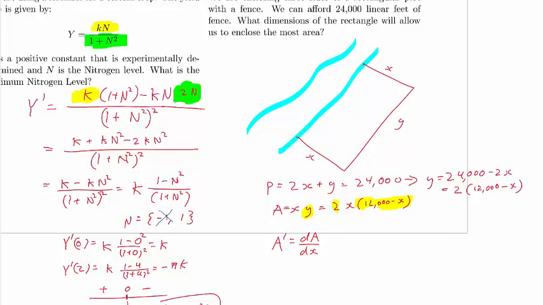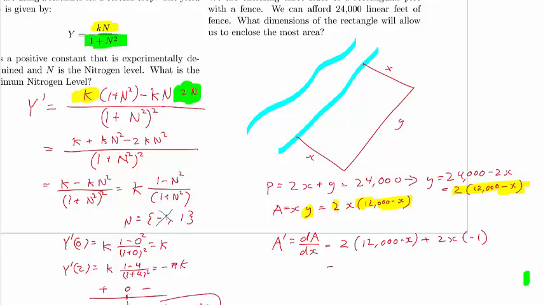Okay. So now we take the derivative. Alright, so note this is product rule. So derivative of 2x is just 2, so we have 12,000. Okay, and then plus 2x, and then the derivative of what's in there, which is just negative 1.